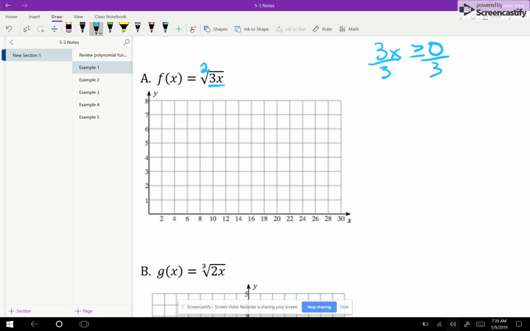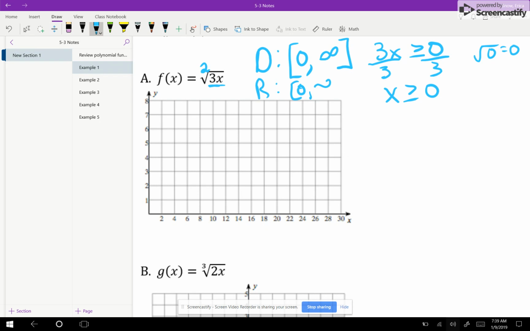So we divide by 3, and x has to be greater than or equal to 0, which means that our domain starts at 0, and it's going to go to infinity. And then if we plug in that minimum value for our domain, we get the square root of 0, which is also just 0. So our range is also 0 to infinity.